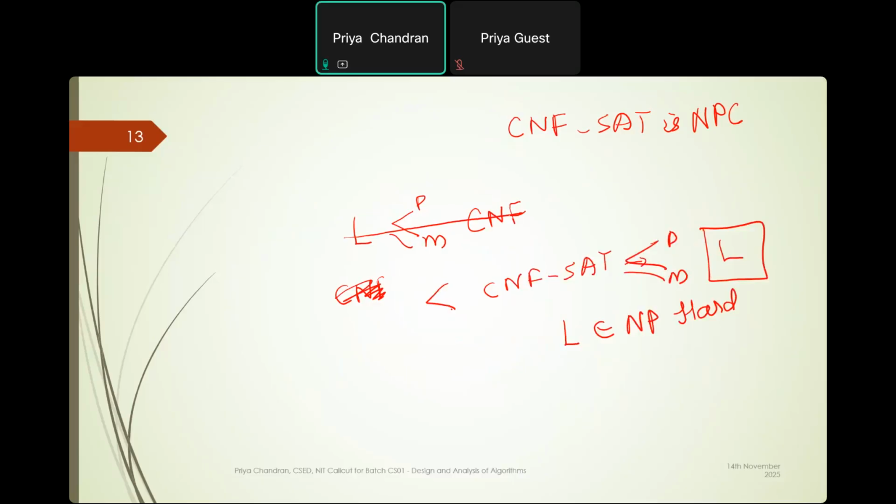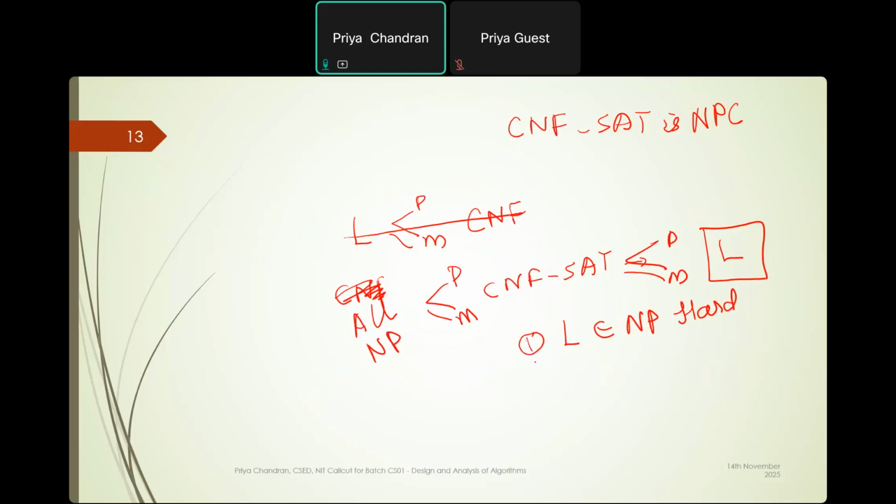The reason being that all problems in NP are polynomially reducible to CNF SAT. So all NP problems are polynomially reducible to CNF SAT, and if CNF SAT is polynomially reducible to L, then L becomes NP hard.